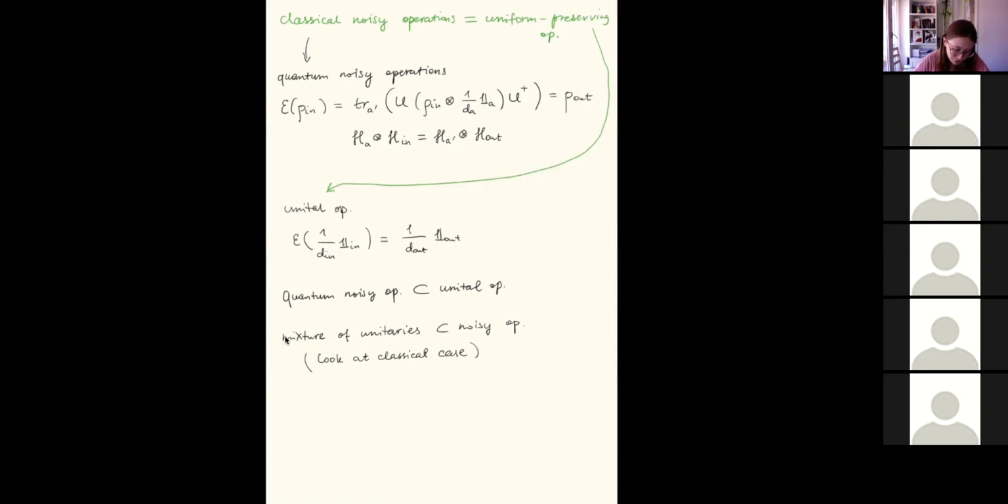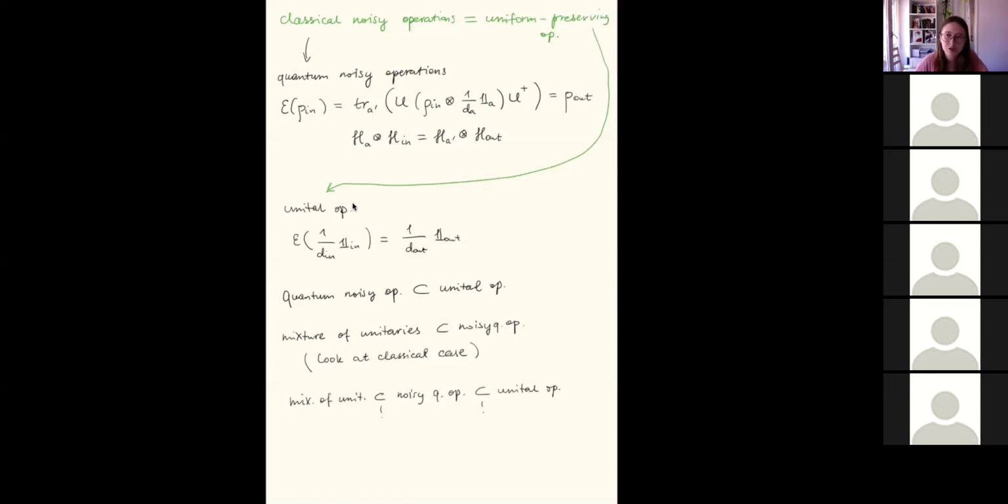And so essentially we have the following string of inclusions: the mixture of unitaries belongs to the set of noisy quantum operations, which in its turn belongs to the class of unital operations.